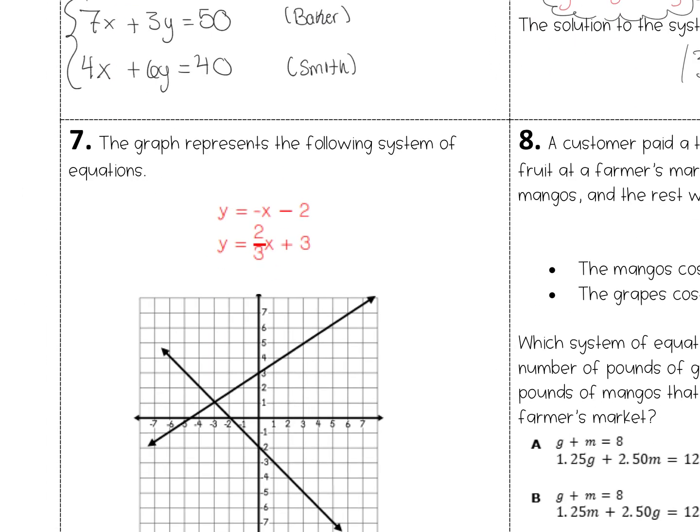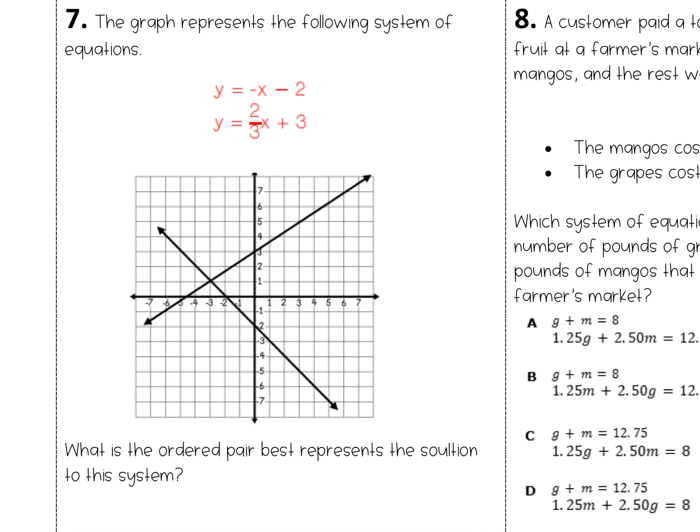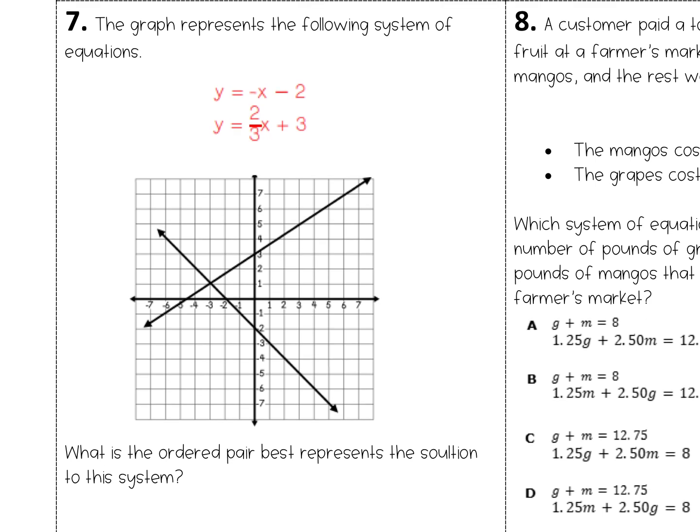On the next one, it says the graph represents the following system. They gave us the system. They already graphed it for us. And so all I'm looking for is the intersection. That's the solution to the system. The solution to the system is the intersection, which is this point right here where they touch. Remember, we write ordered pairs x comma y.